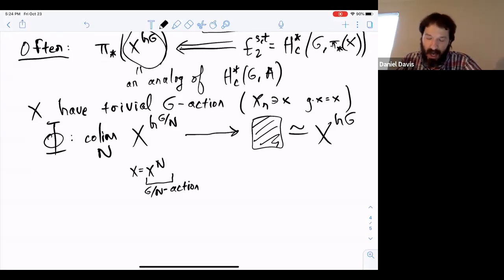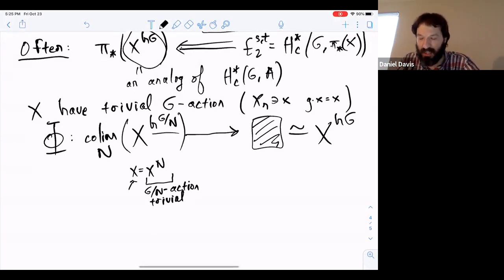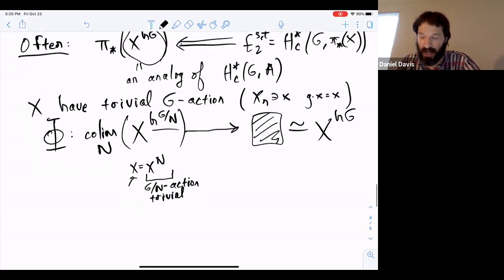Well, since the original action on X is trivial, this action is trivial, okay? But it does have a G mod n action, and so we can form this homotopy fixed point spectrum. So this is the homotopy fixed point spectrum with respect to the trivial G mod n action, okay?